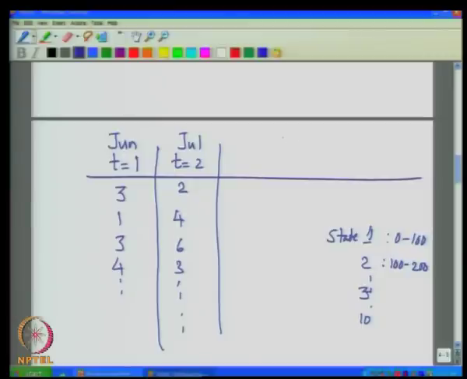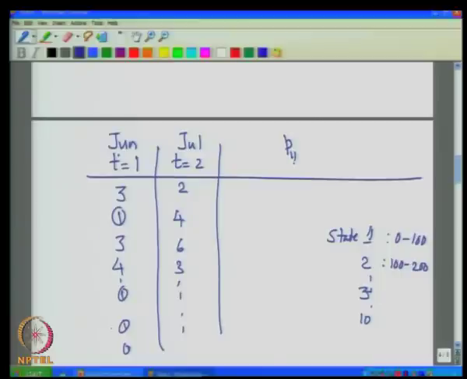Now, let us say I am interested in getting P 1 1, that is the probability that starting with class interval 1 in June, it went into class interval 1 in July. What do we do? First of all, you collect all those periods in which it went into class interval 1.